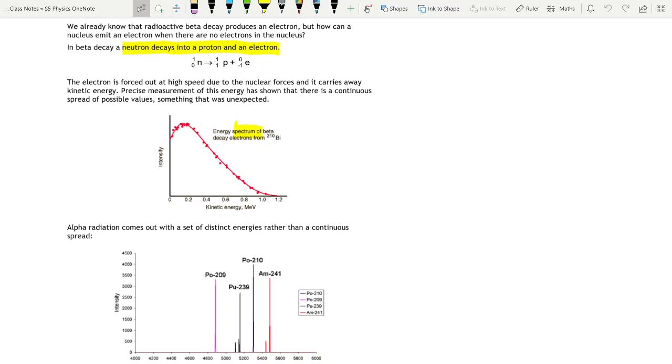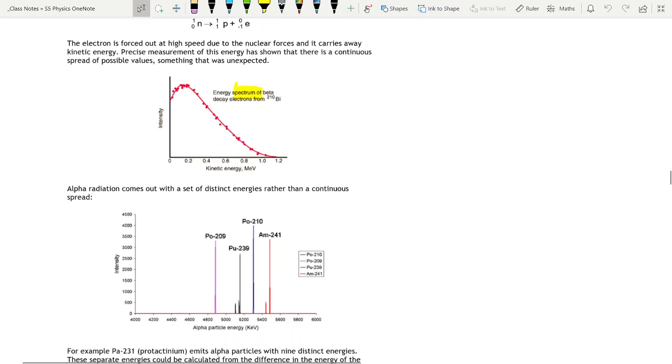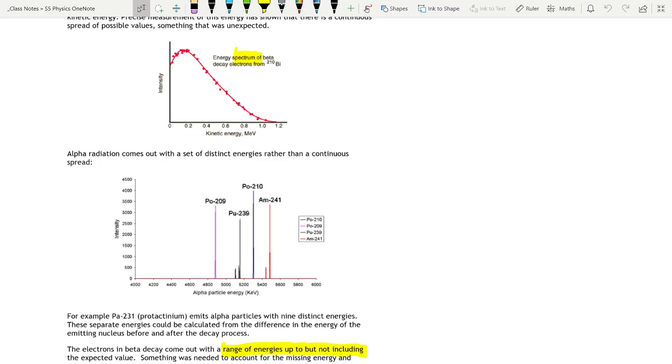There's a range of energies, okay? If you did it with an alpha particle, you would get this energy, that energy, depending on the mass, okay? But with electrons from beta decay, we got this range of energy, okay? And that's what confused people a little bit. How can we have a range of energy if we know what energy it went in with? We should be able to work it out.